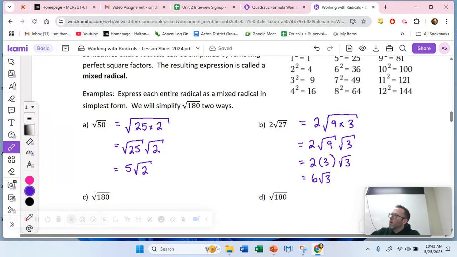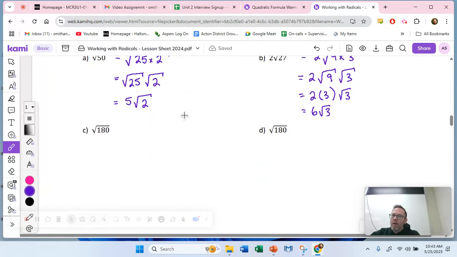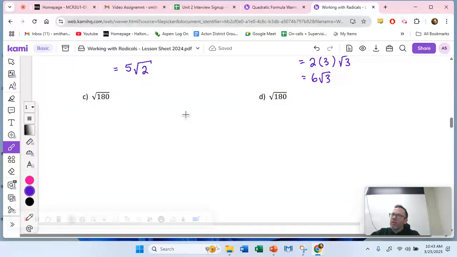Should we try another one? We're going to do this one 2 ways. Okay? Now, I'm going to do the root of 180 a little inefficiently at first, if you guys are okay with that. The root of 180, I can recognize that 4 goes into 180.